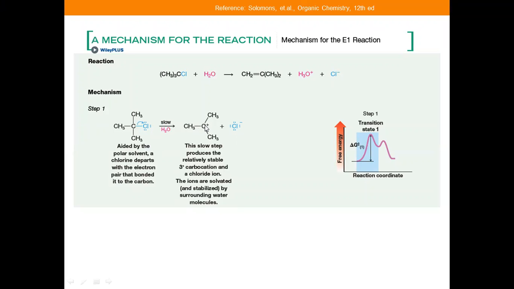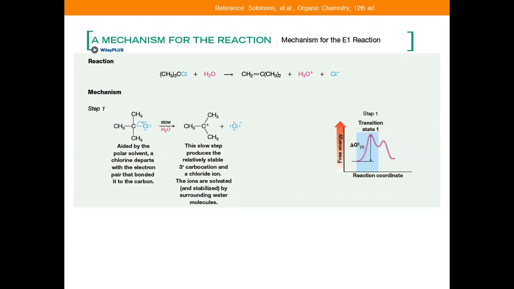This is for an E1 mechanism, no? We don't see an alpha carbon since this is a tertiary alkyl halide. No, we don't see an alpha.